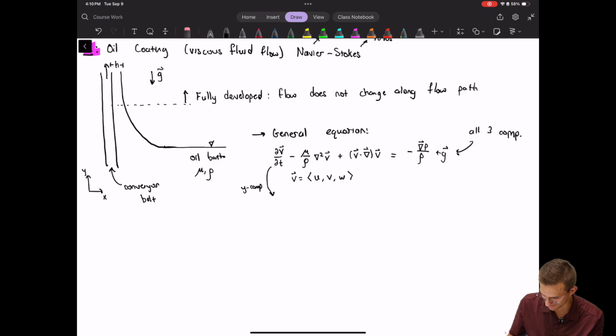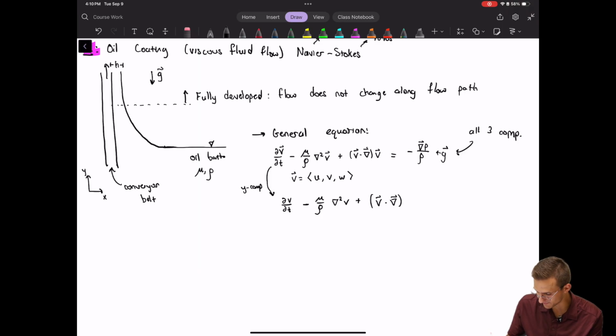Okay, and so we have dV dt minus mu over rho, once again, times the Laplacian of V. I'll write out what these operators are in one moment, because I think when I first taught this, most of the students had not seen these vector operators before. So I'll make it very clear in just a second what those are.